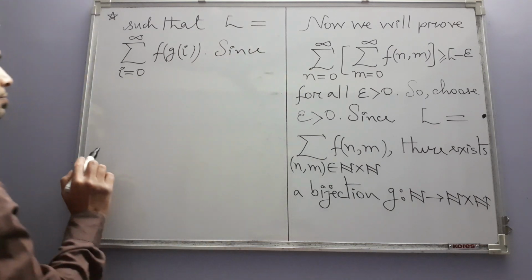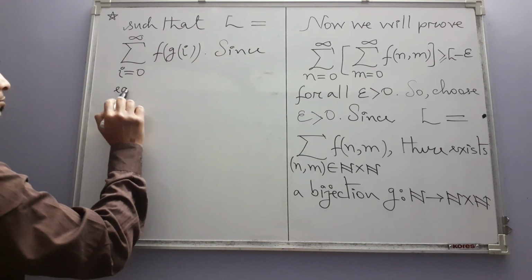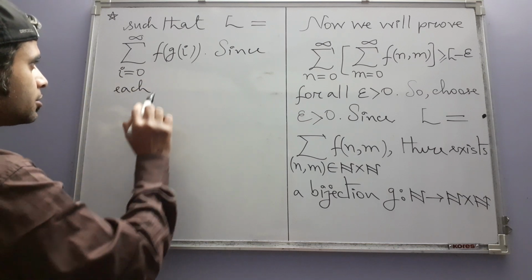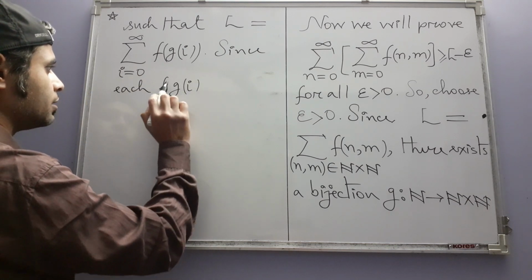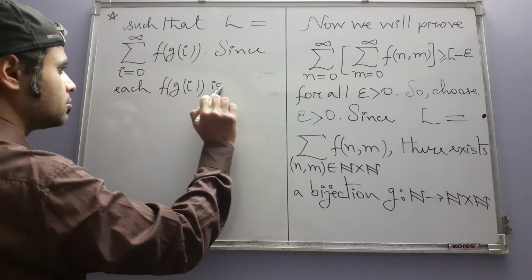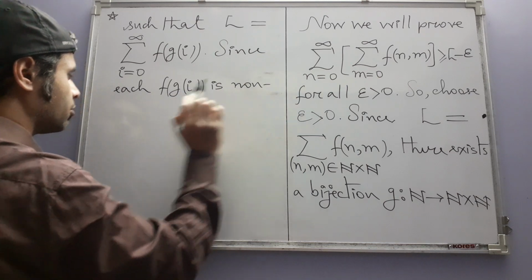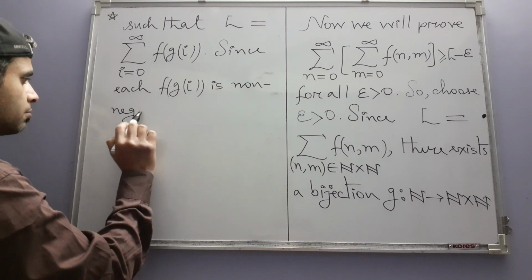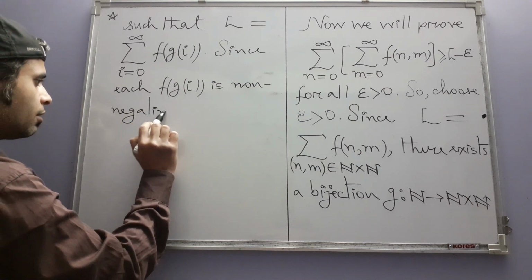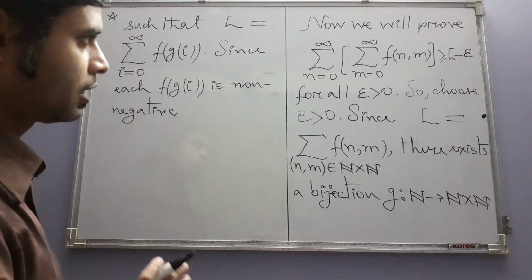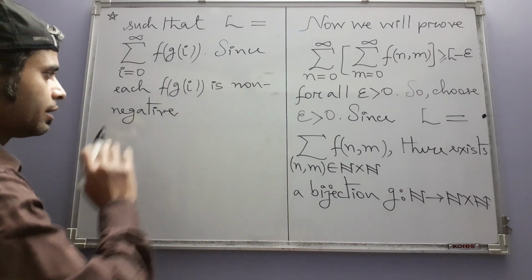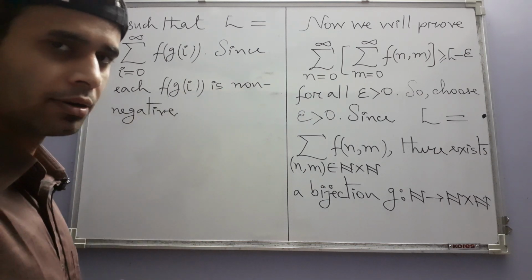Since each f of g of I is non-negative, never forget what your assumptions or hypotheses are. We are still under that non-negativity spell.